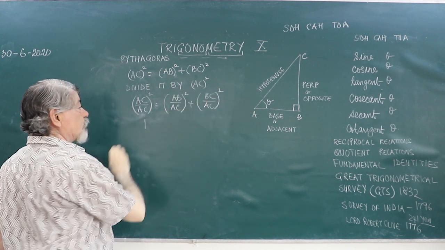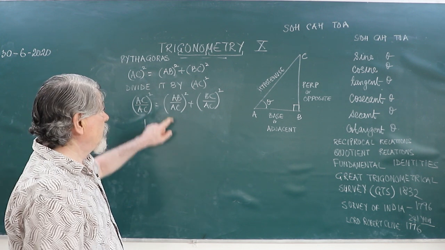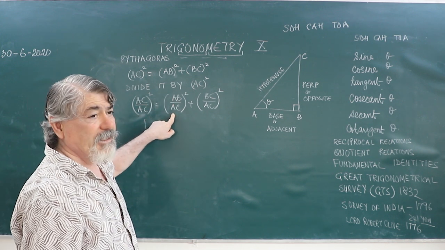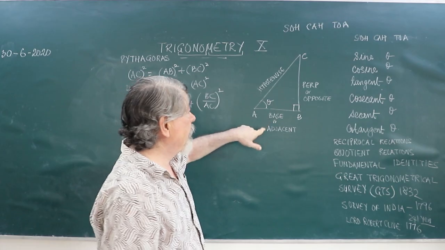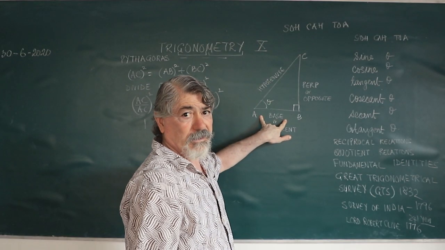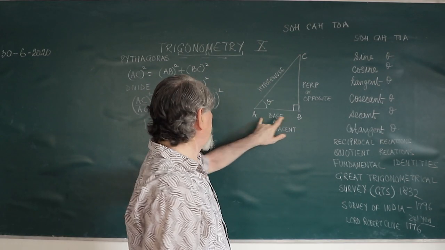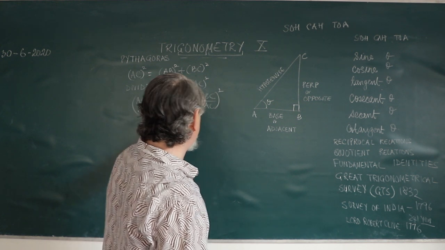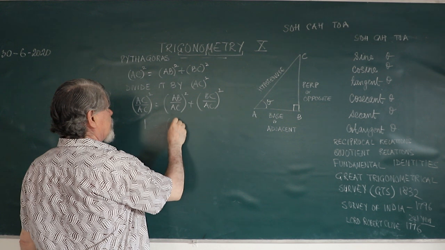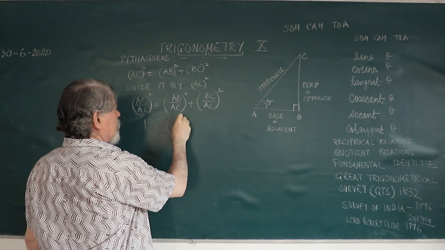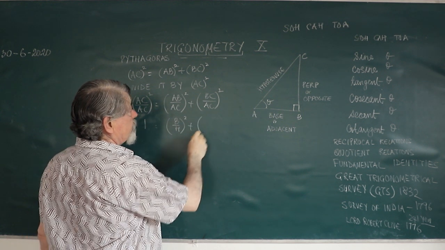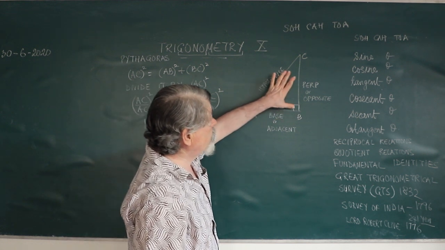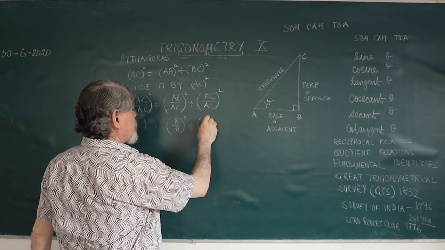This will become 1 square. 1 square is 1. AB upon AC. I am taking reference angle as theta. AB is what? Base. AB is base. And AC is hypotenuse. So base upon hypotenuse whole square. And this is BC. BC is perpendicular upon hypotenuse.